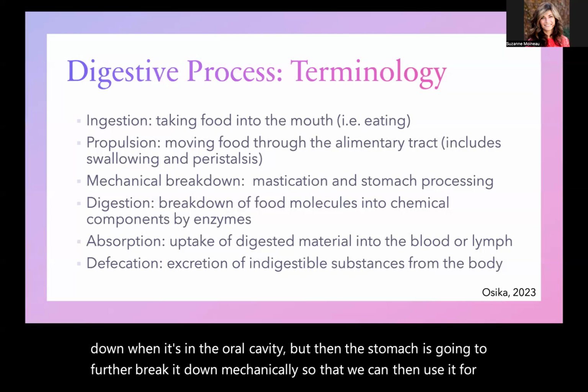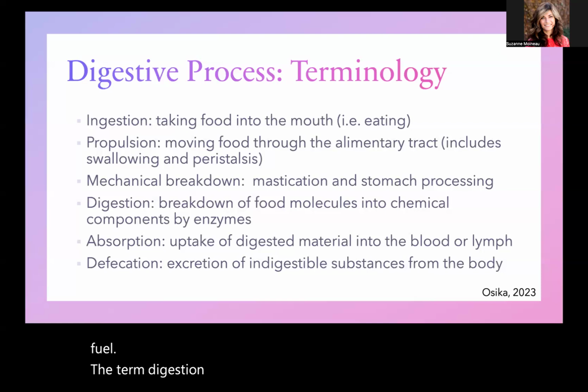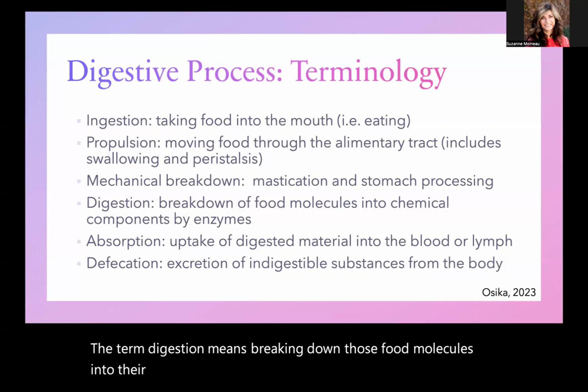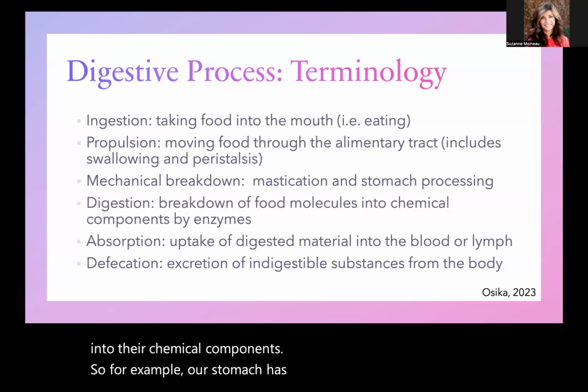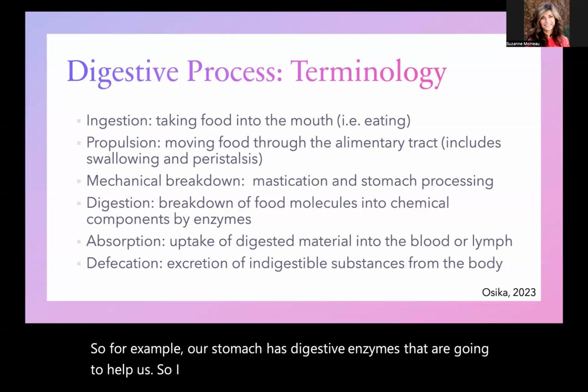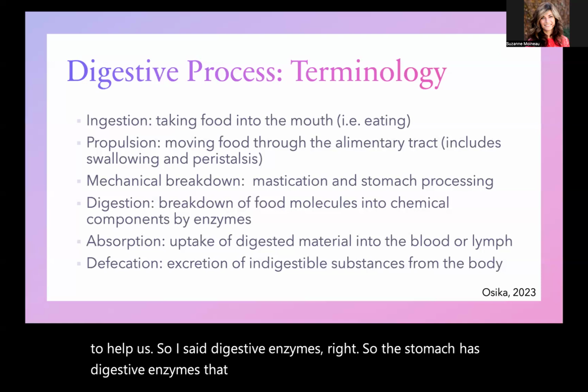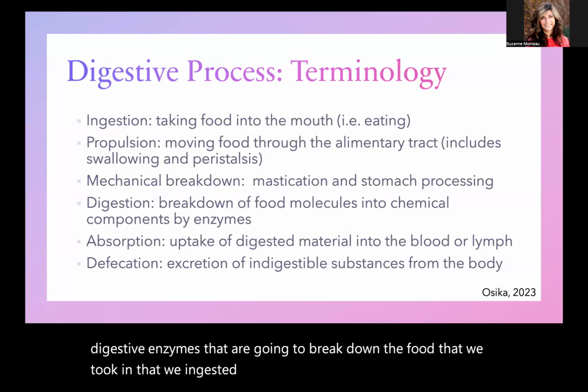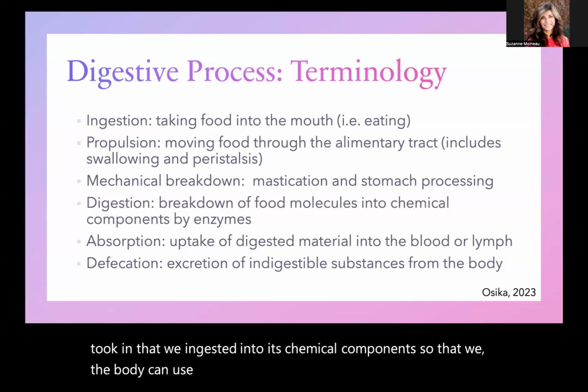The term digestion means breaking down those food molecules into their chemical components. So, for example, the stomach has digestive enzymes that are going to break down the food that we ingested into its chemical components so that the body can use the chemicals.